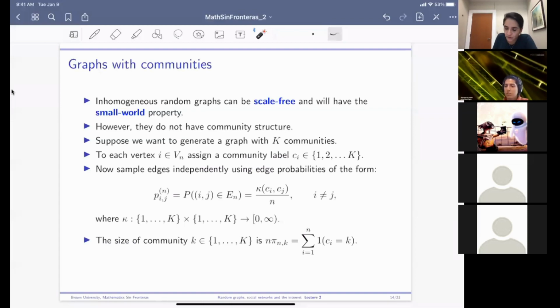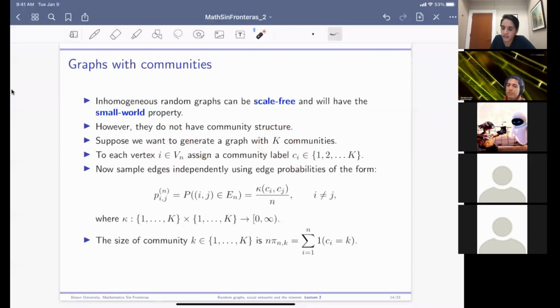For this one, I'm going to assume that I want to generate a graph with K communities, where K is a fixed number. Again, I'm going to start with a vertex set having n vertices, and I'm going to use the value Ci to denote the community belonging of vertex i.